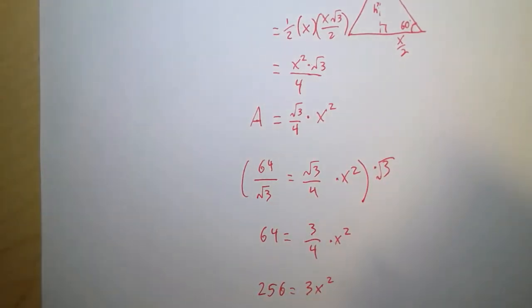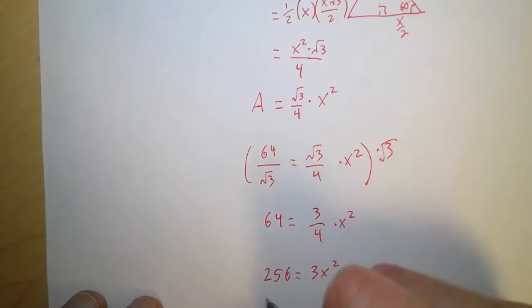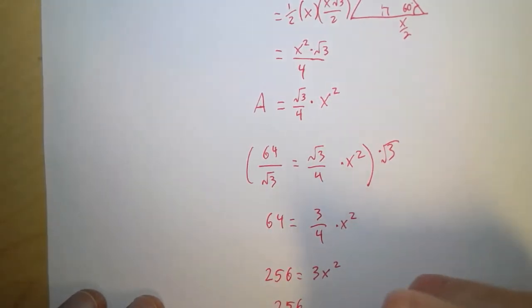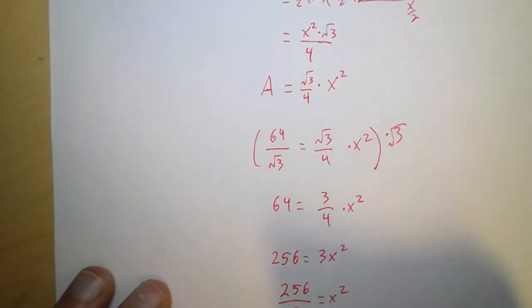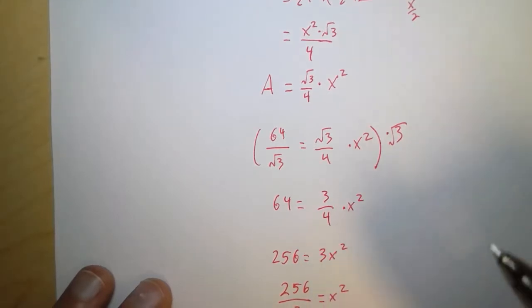And then we can divide by 3, but since 256 is purely a power of 2, that's not going to reduce at all. So we have 256 over 3 equals x squared, and so we have the square root of 256 over 3 equals x.